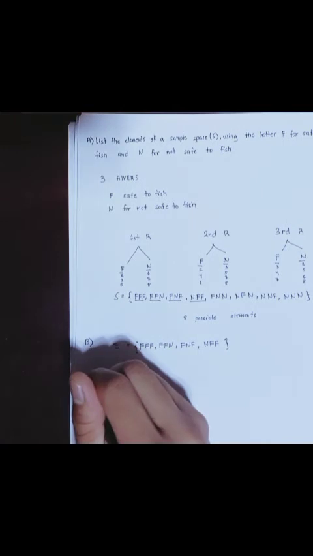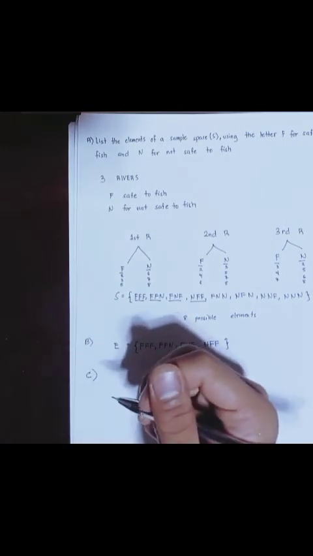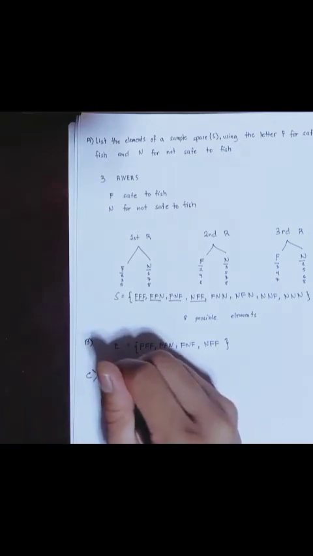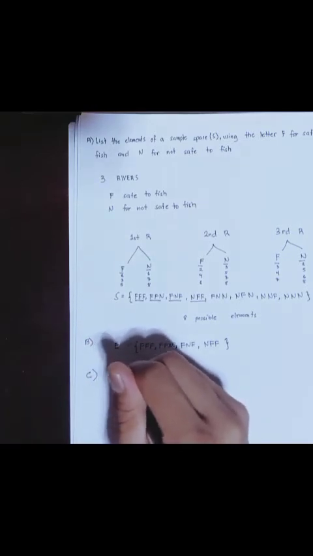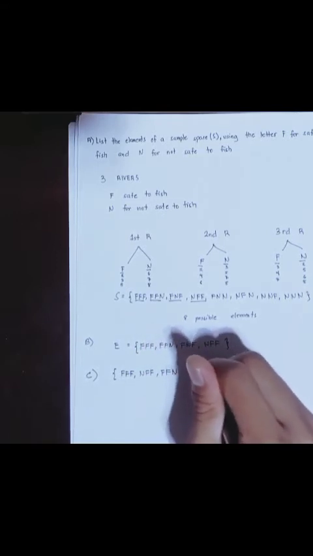For the last subpart, we need to define an event that has as its elements the points FFF, NFF, FFN, and FNN.